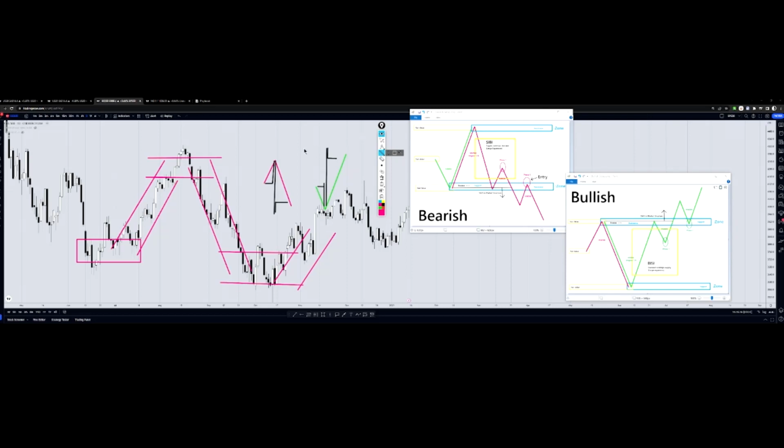So you can have accumulation in both directions, as well as you can have distribution in both directions. It's just the interpretation of price is different. I don't think either's right or wrong. It's just a methodology and how it's interpreted.